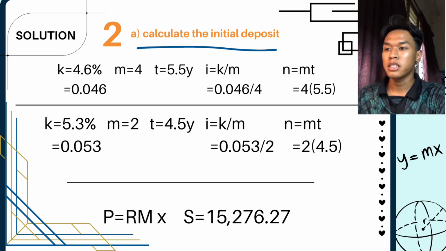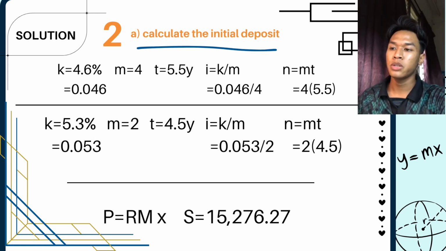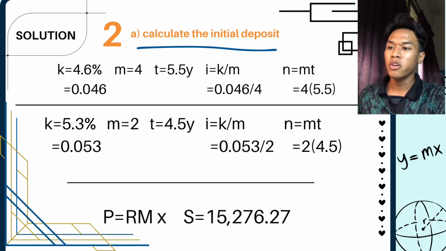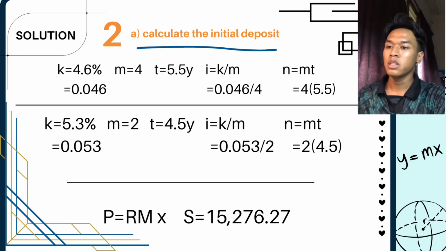We take out the data from the sentence. r1 equal to 0.046, r2 equal to 0.053, m1 equal to 4, m2 equal to 2, t1 equal to 5.5 years, t2 equal to 4.5 years, i1 equal to 0.046 over 4, i2 equal to 0.053 over 2, n1 equal to 4 times 5.5, n2 equal to 2 times 4.5, P is unknown, S equal to 15,276.27.